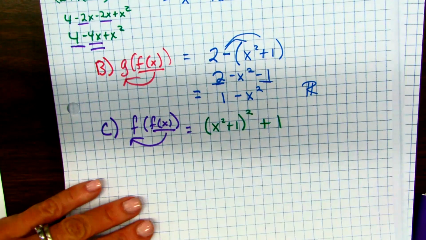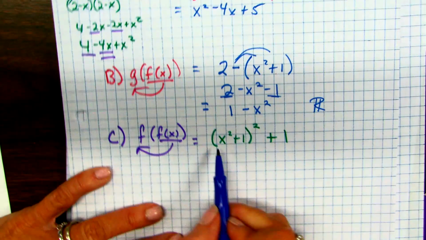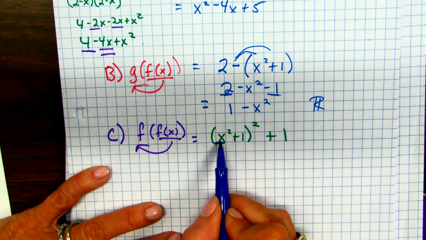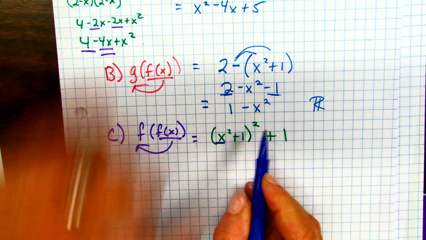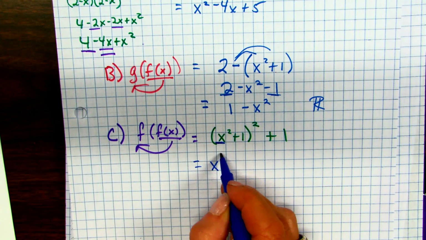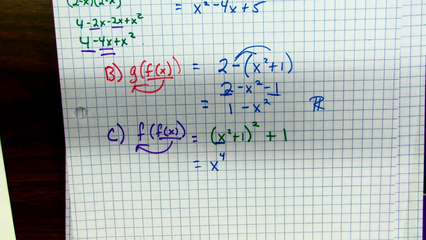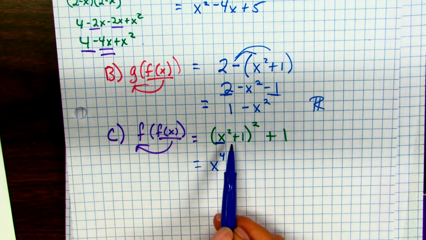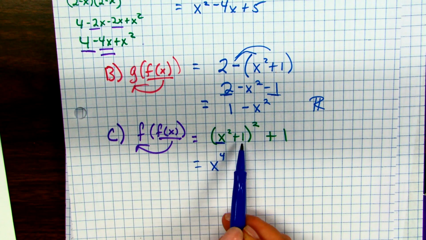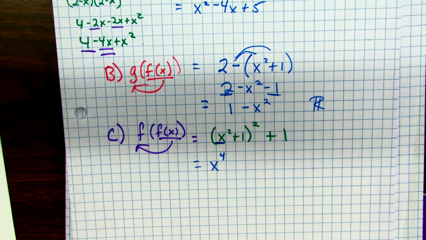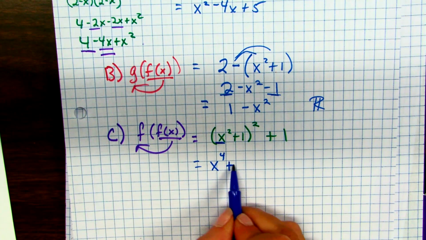And here's that shortcut again, if you want to practice it. Square the first term. So x squared squared would be x to the 4th. Multiply everything in the parentheses together, then double it. So x squared times 1 is just x squared, times 2 is 2x squared.